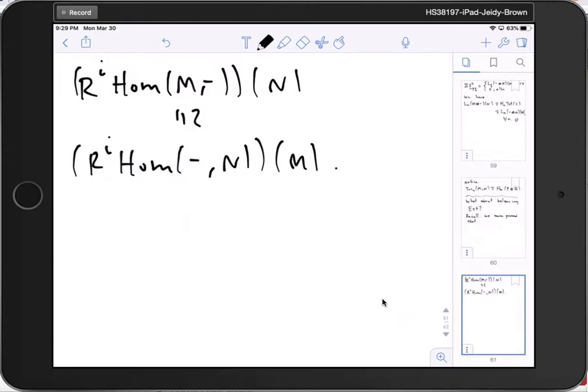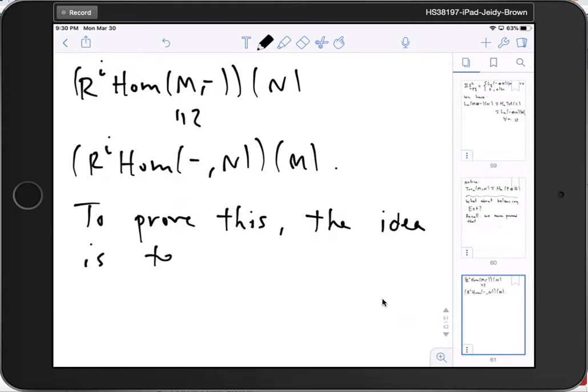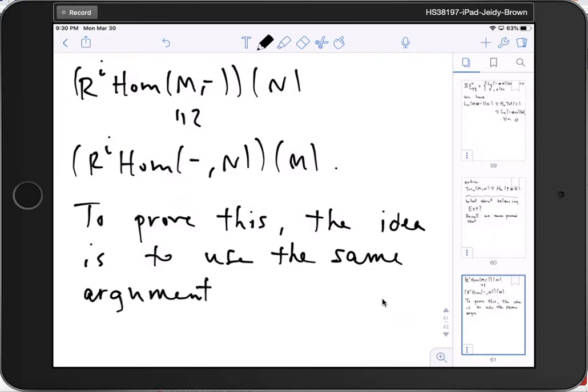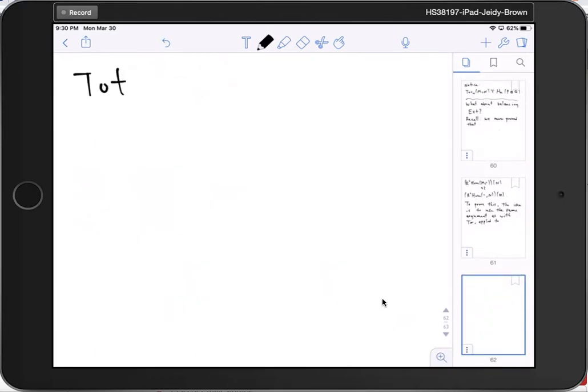Okay, so there is a spectral sequence argument that proves this. So to prove this, the idea is to use the same argument as with Tor, applied to the total complex of a bicomplex built out of Hom.